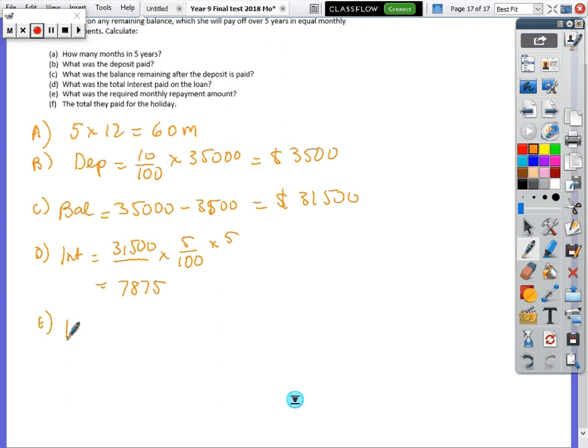D, total owed is you still owe the balance and now you owe the interest, 7,875, so you owe 39,375.